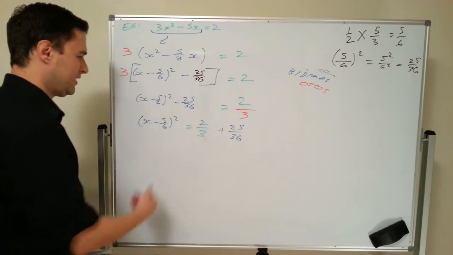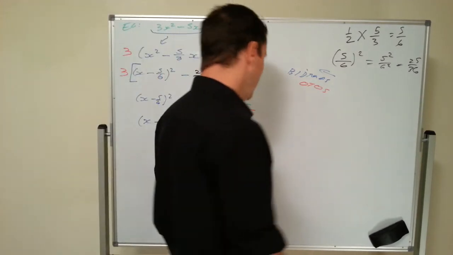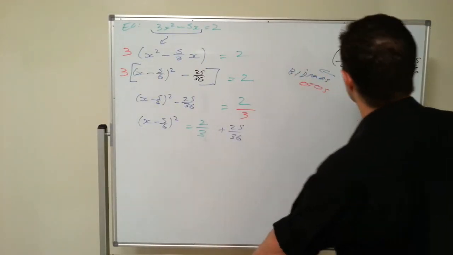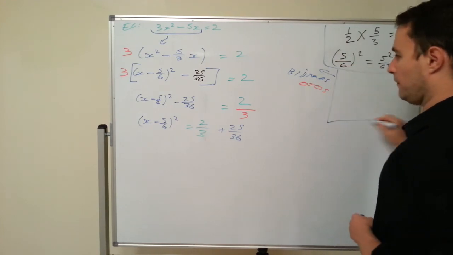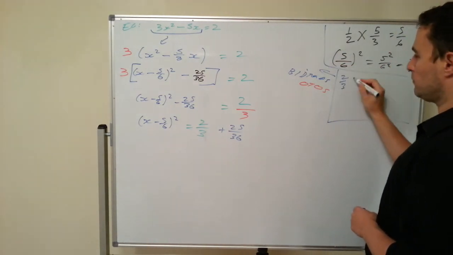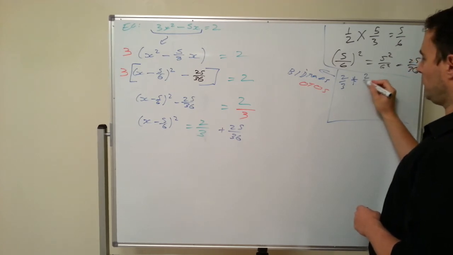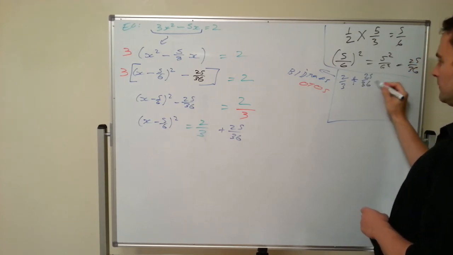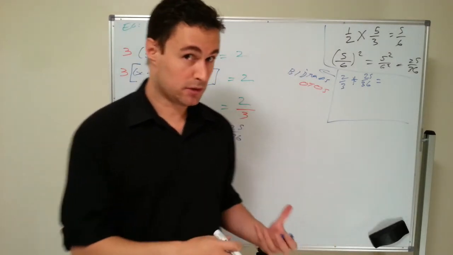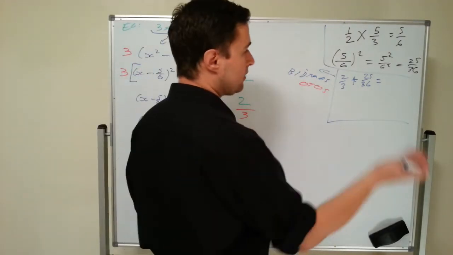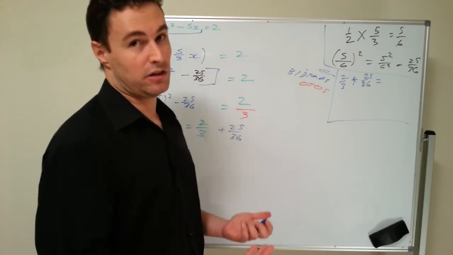This is the ugly sum, quickly here. Let's just do this guy. I'm going to do some more rough working just on the side here. So I've got 2/3 plus 25 over 36. Now you know when you're adding fractions, you have to get them to the same denominator. So let's change everything to 36.